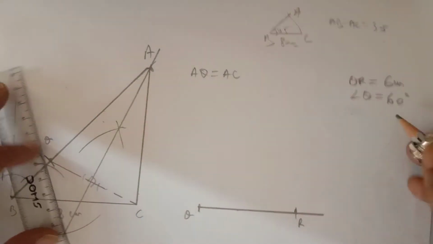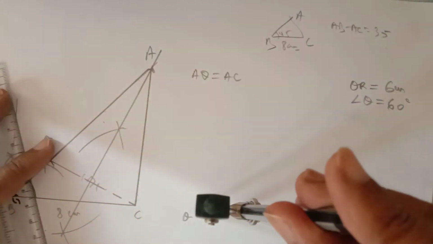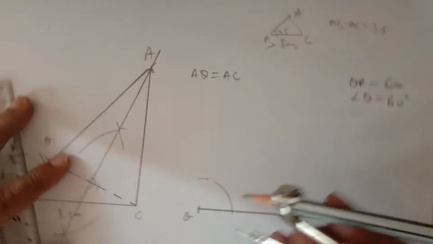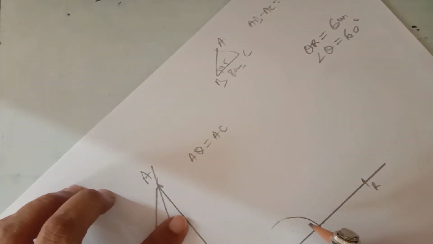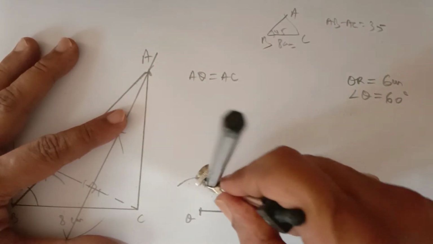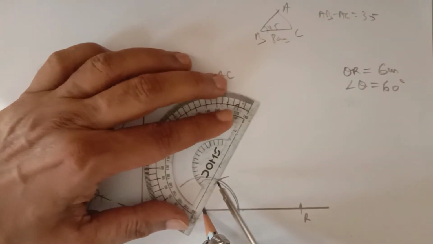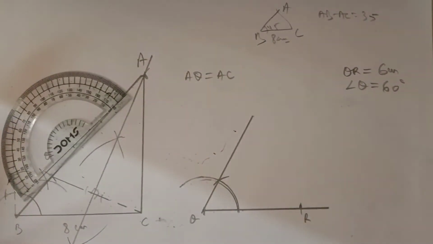At Q its angle is 60 degrees. You know how to draw an angle of 60 degrees? Measure it again and draw an angle of 60 degrees. Mark 60 degrees. Draw it. This is a 60 degree angle.